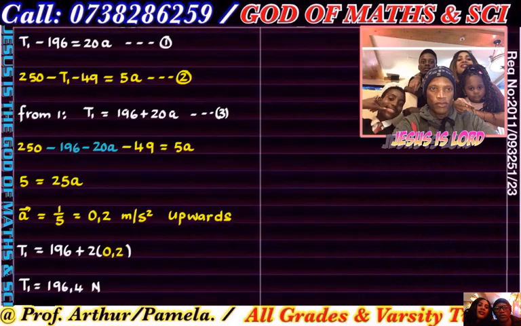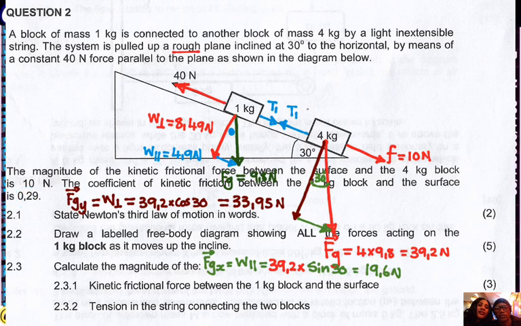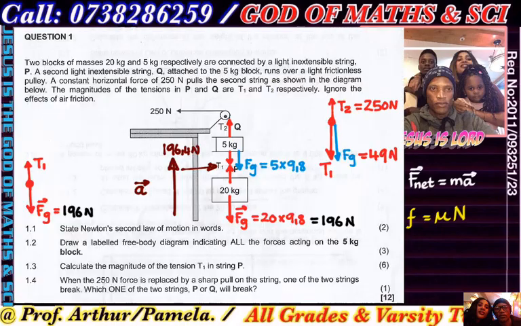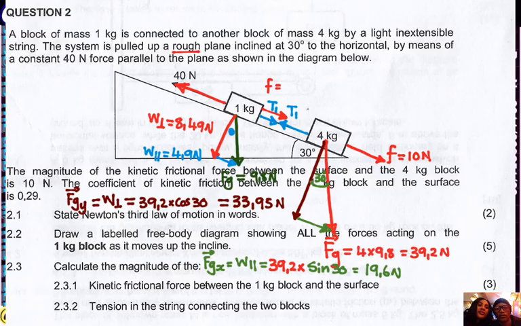So we have to find our friction by ourselves. So there is an extra force pointing backwards there, that red one. To get that friction, it will be friction equals mu, we know it, it's 0.29. So it's going to be 0.29.